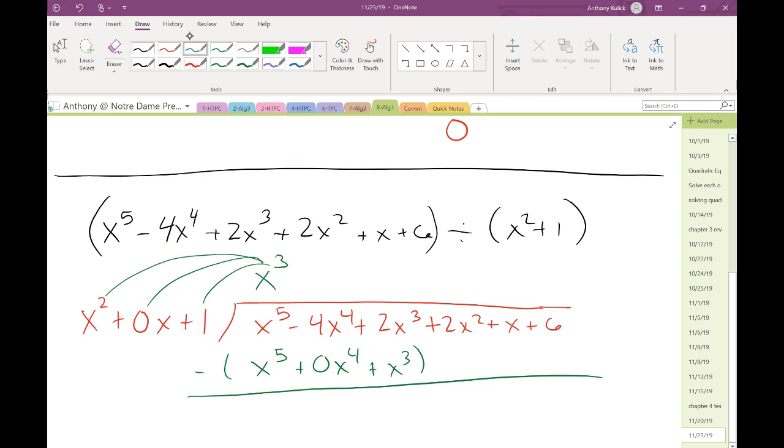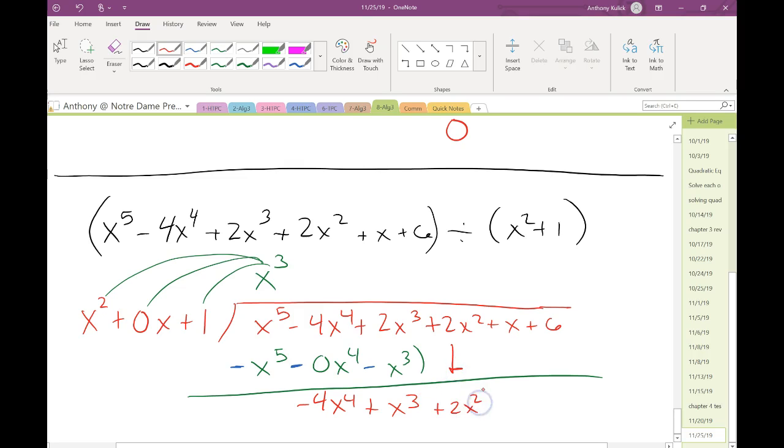So I'm going to make sure to distribute that negative. So negative, negative, negative. That's going to give me negative 4x to the fourth plus x cubed. And then I'll bring that next digit down.